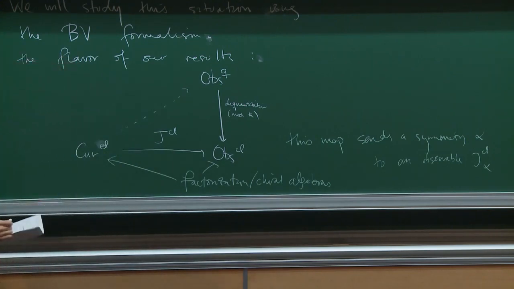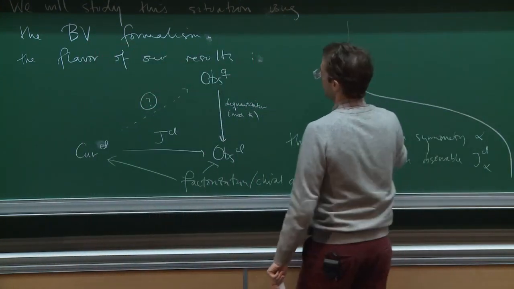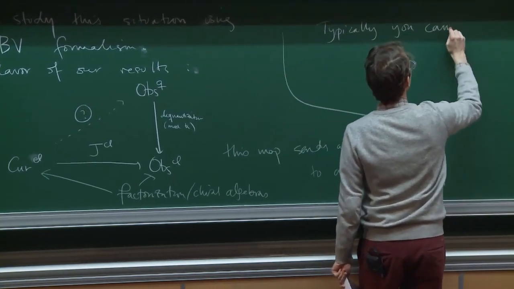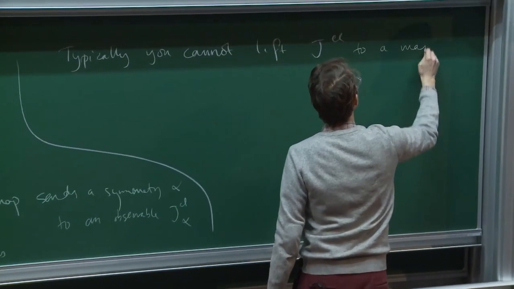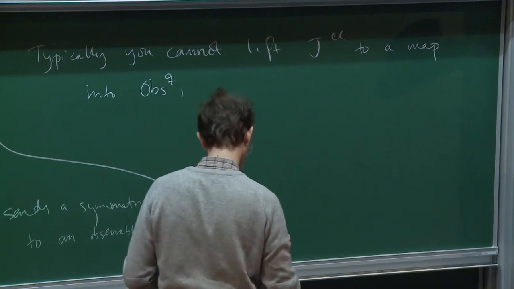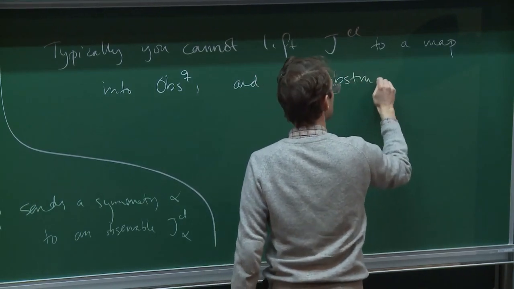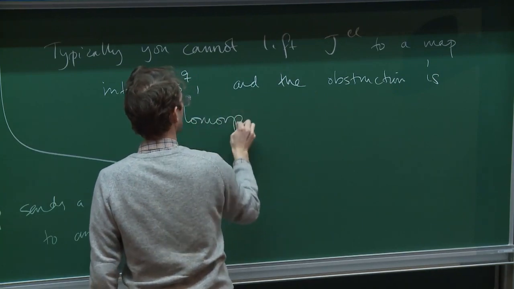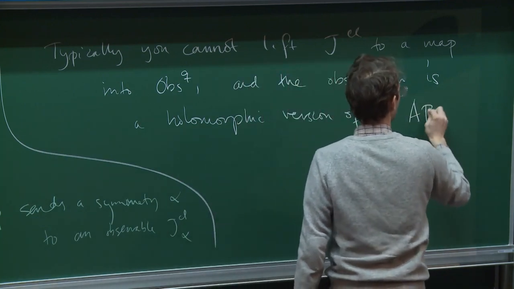And so the answer is typically you can't lift. So typically you cannot lift J classical to a map into the quantum observables. And the obstruction is a holomorphic version of the ABJ anomaly.